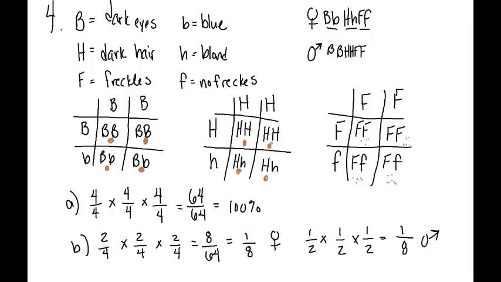Alright, we'll move right on along now to question number 5. We're going to actually skip number 5. If you are just curious how to solve this problem, please let me know. I'll be happy to go over it. We did not cover incomplete dominance this semester just because of time constraints. So I'll be skipping 5.